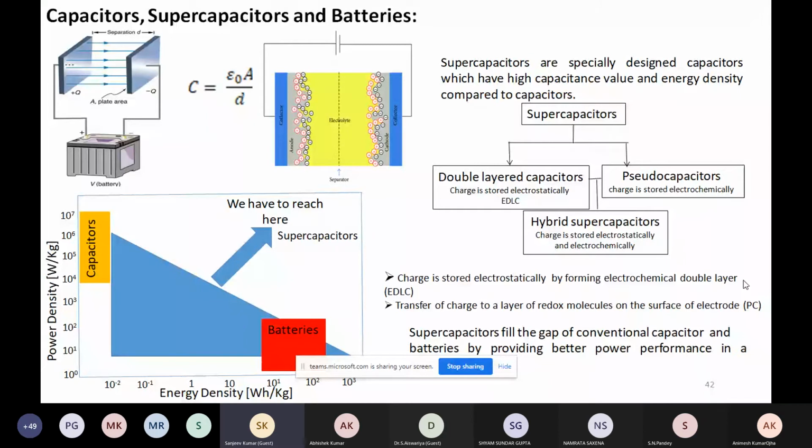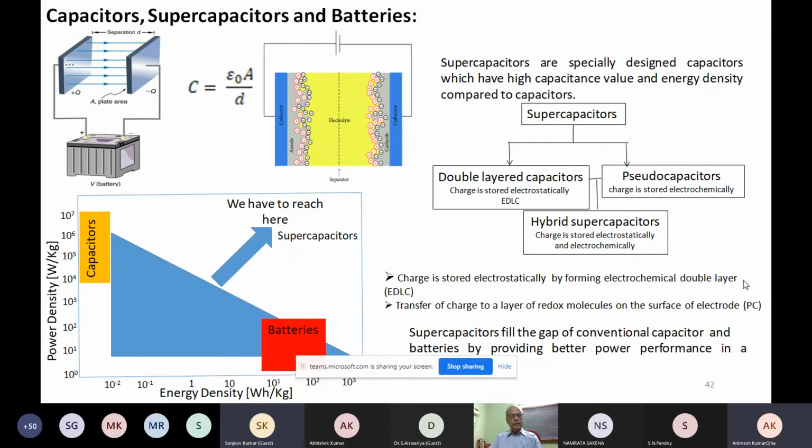We have to make a slurry using some organic solvent, dry it for some time, and then apply it on the working electrode.